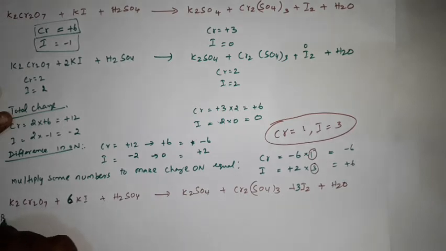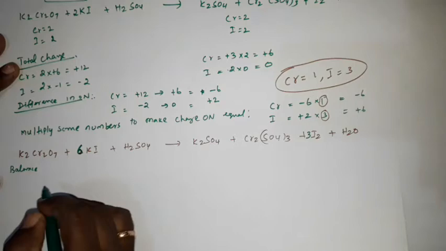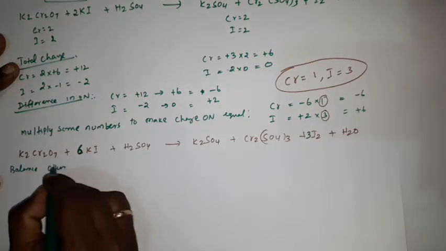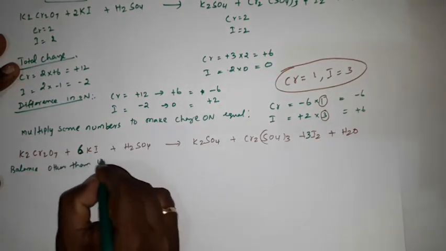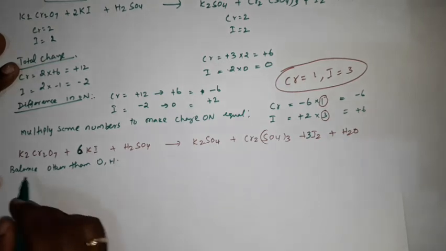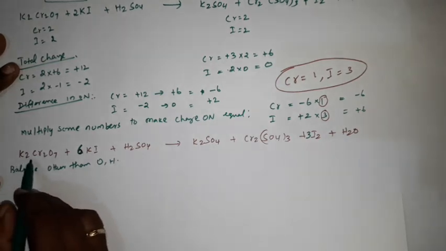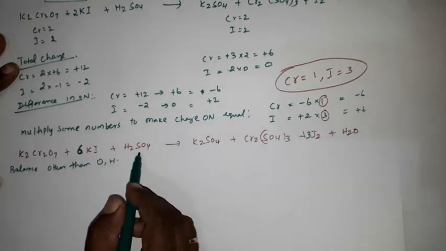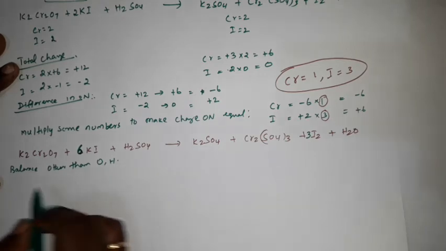Now balance atoms other than oxygen and hydrogen. So what are the other atoms? Potassium is here, then sulfur is here. That's all. Potassium and sulfur you have to balance.